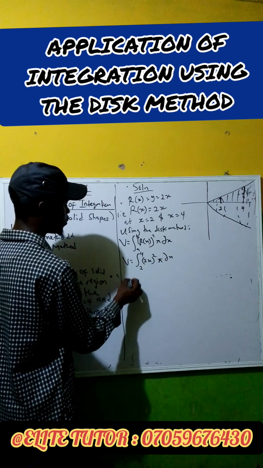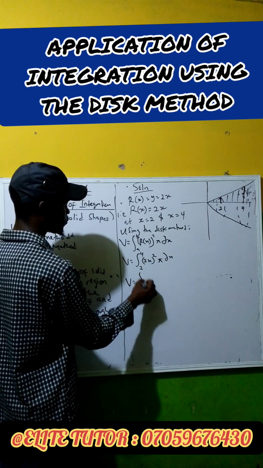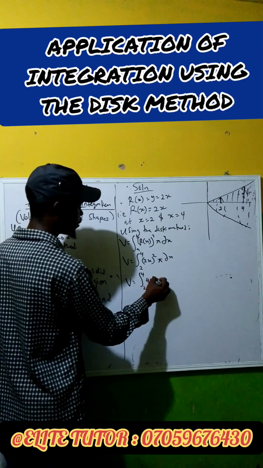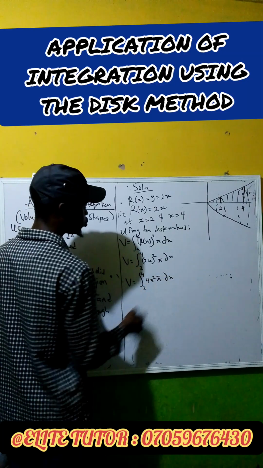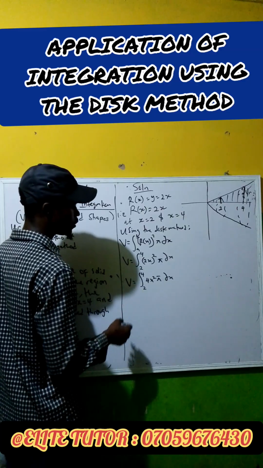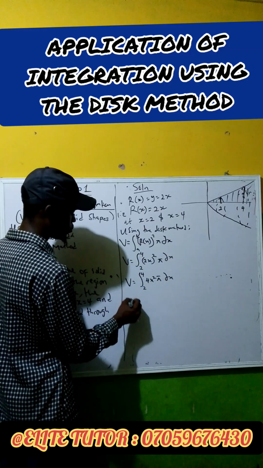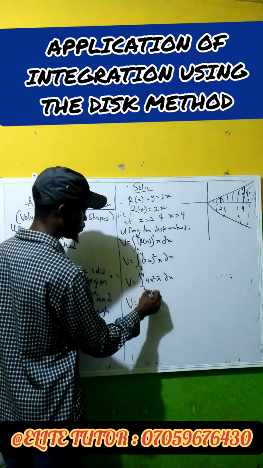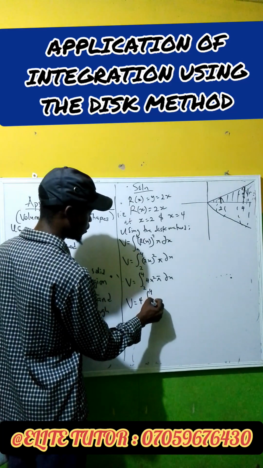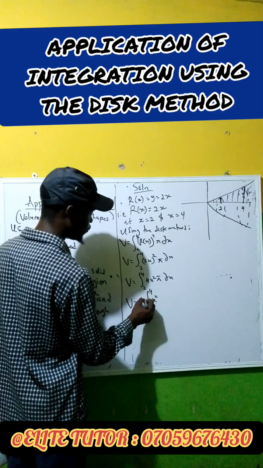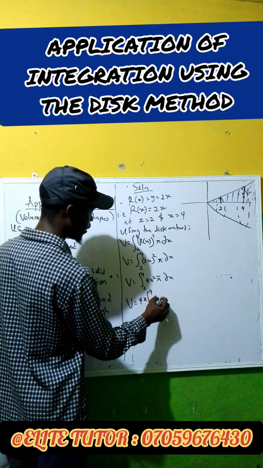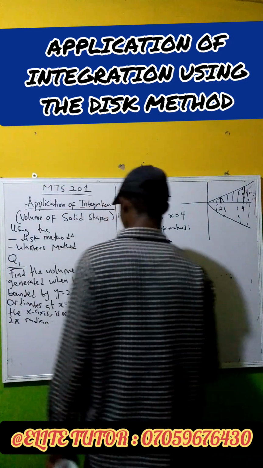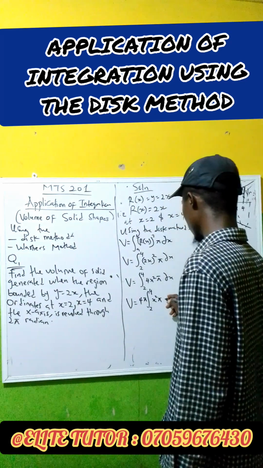This becomes 4x squared pi dx. So we are going to integrate this definite integral. V equals, you bring out 4 pi, 4 pi times the integral from 2 to 4 of x squared dx.